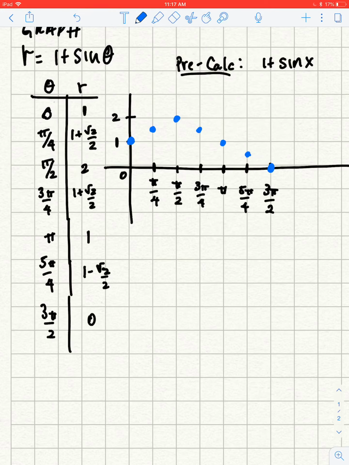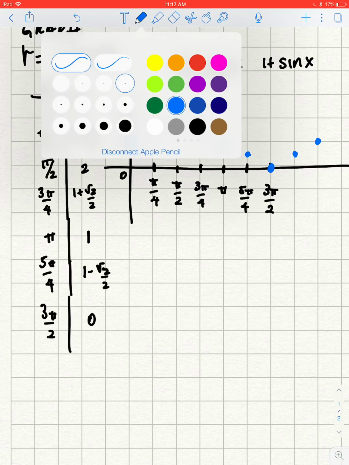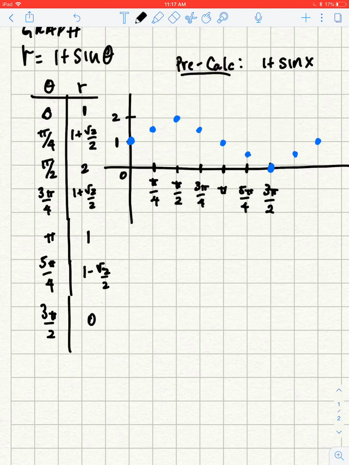And then it just starts to repeat that, right? So it's going to come back up. Well, it really started to go below it, and then here again with our values of 7 pi over 4 and 2 pi.